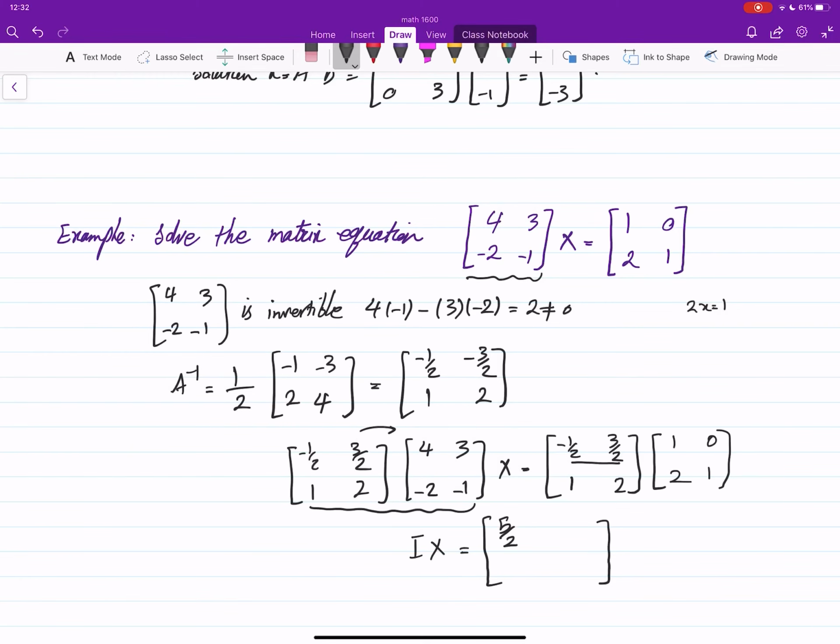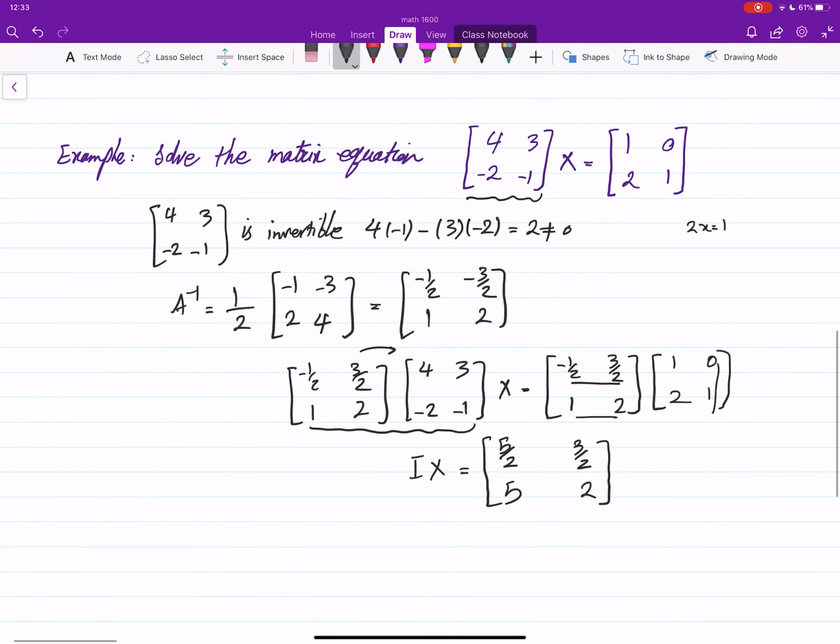Negative half times 0 plus 3 over 2 times 1. 1 times 1 plus 2 times 2 is 5. And this one, 1, this is just 2.